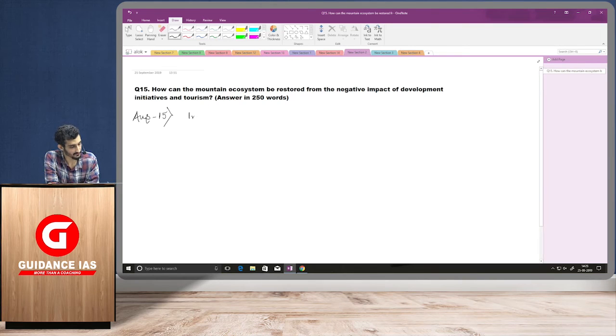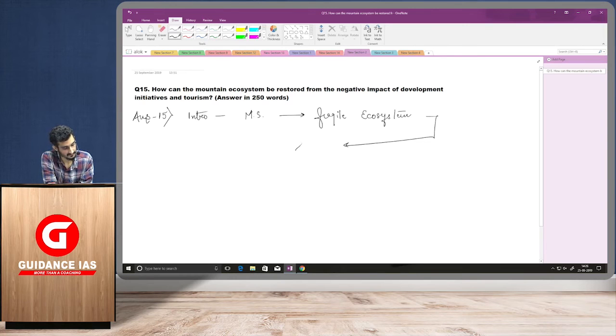So you can write your introduction on the lines that mountain systems represent a fragile kind of ecosystem and have certain environmental concerns.